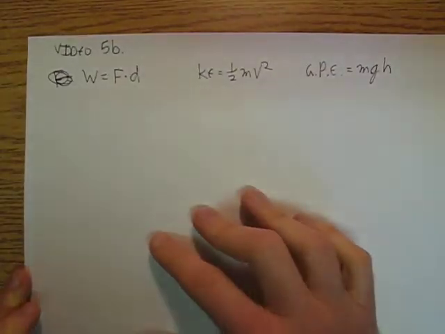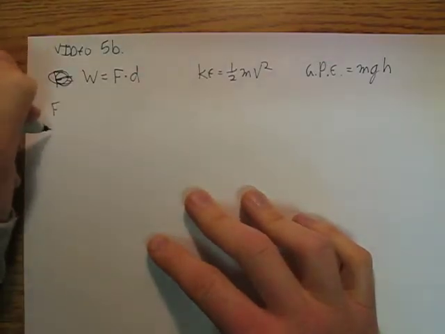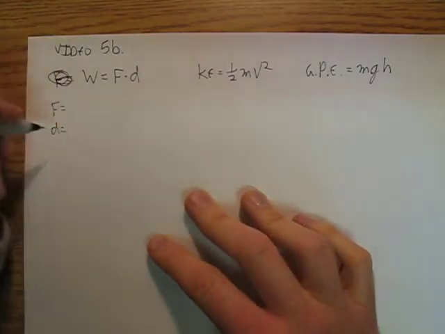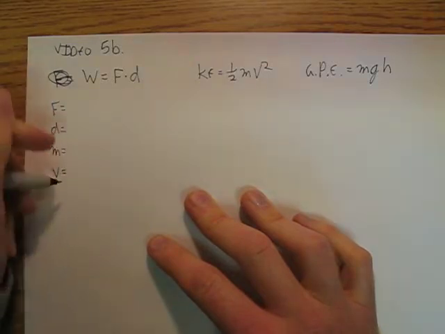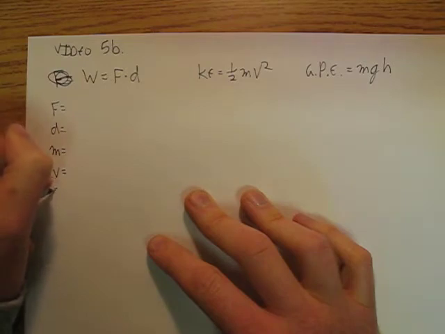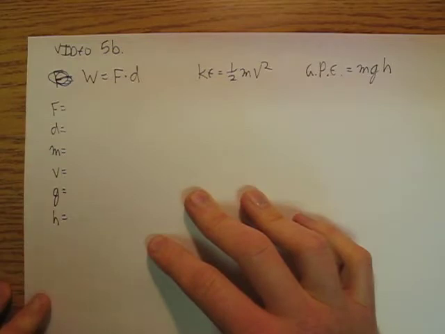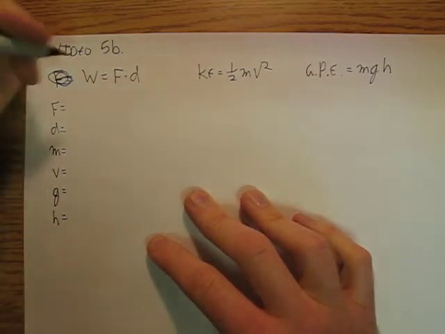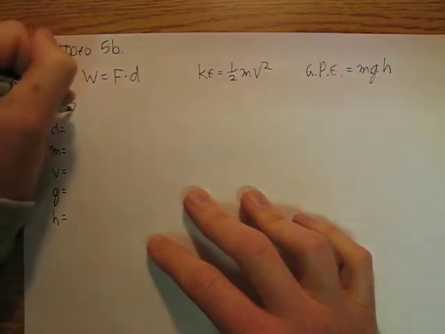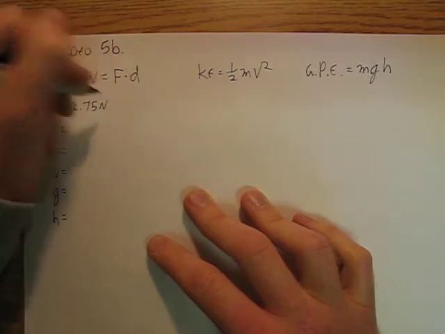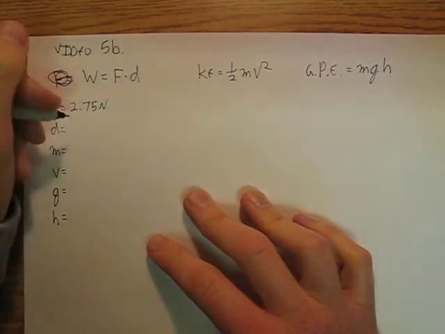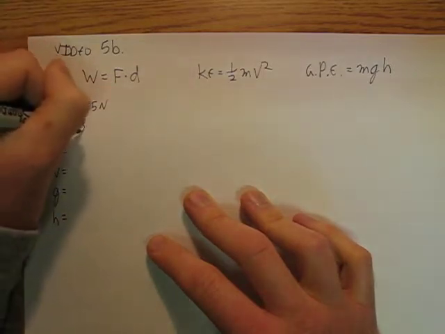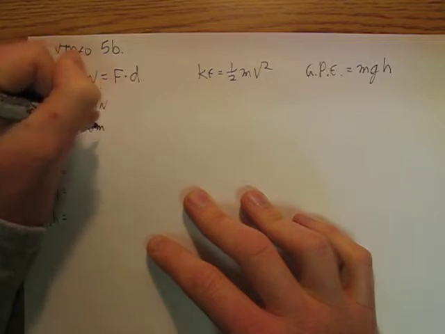Okay, so we have force, distance, mass, velocity, gravity, and height. And we know that our force from the previous lecture was 2.75 newtons. That was the force to bring it up the incline. My distance was 1.26 meters.